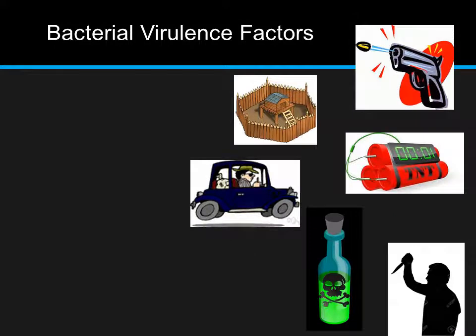Bacterial virulence factors are something that should be familiar to you. The reason I have various weapons and methods on here is this is the way I think of the virulence factors. You know, the pathogens are the bad guys, and they have weapons. And there's a lot of different weapons that they possess. And over the millennia, as we have evolved and they have evolved, they develop their weapons.